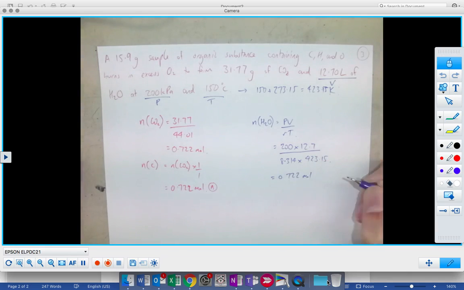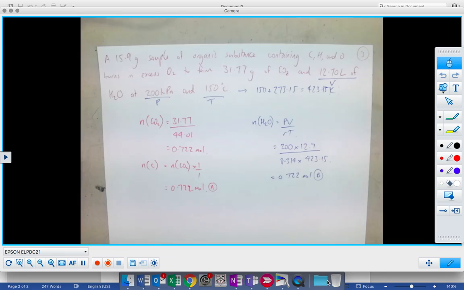And that gets me 0.722 mole. Let me just check that. Just remember to use brackets on your calculator, otherwise you'll get silly mistakes.